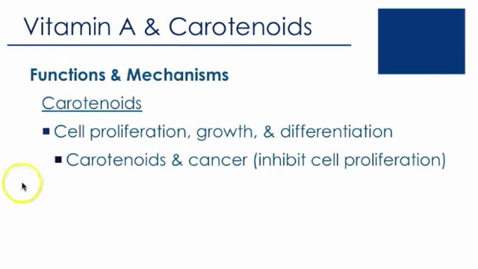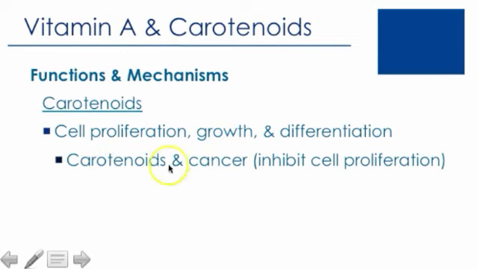We will now discuss the link between carotenoids and cancer, and theoretically the carotenoids' antioxidant mechanisms may appear to be cancer protecting. However, intervention trials in humans have not shown a beneficial effect of vitamin A or beta carotene in preventing cancer.